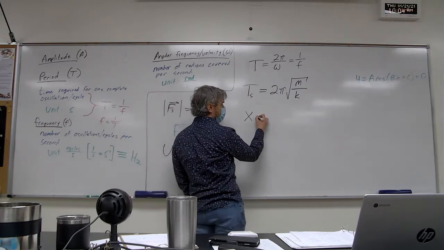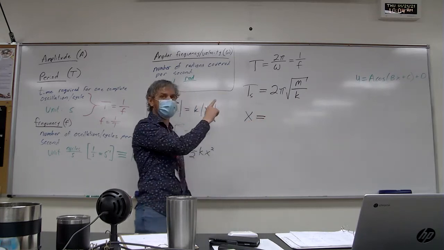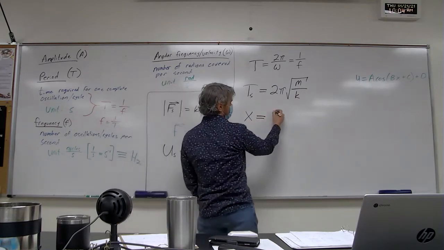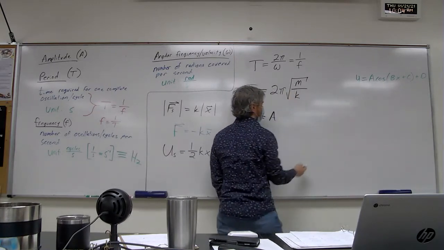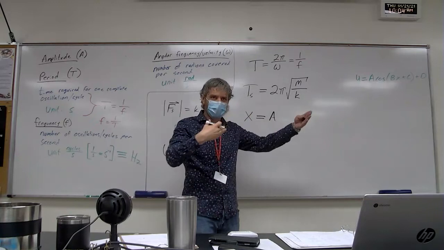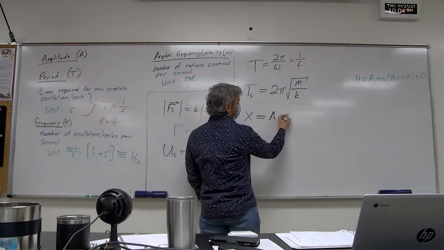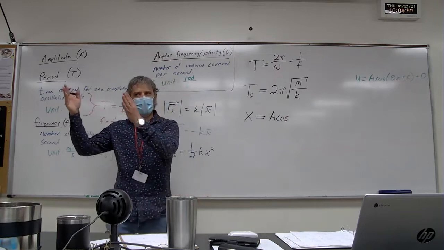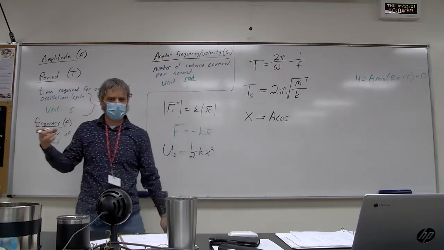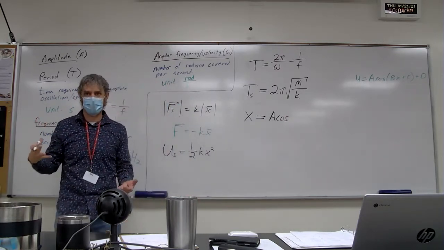The College Board's AP Physics 1 formula sheet says that the position function x equals the amplitude, the same amplitude as up here, but now it's the literal distance in meters, times the cosine. And we use cosine when we start from the amplitude. If we stretch the spring and then release it from the amplitude, it's going to be a cosine graph.